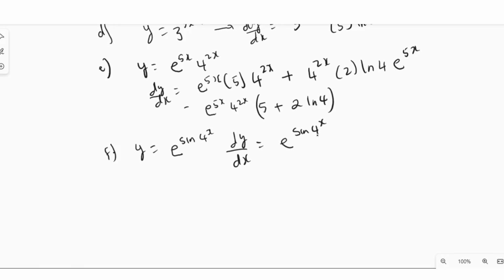The derivative of sine we have seen is cosine 4 to the power x. And then the derivative of the inside, derivative of 4 to the power x, is 4 to the power x ln of 4. Okay, so these are typical examples of exponential functions.